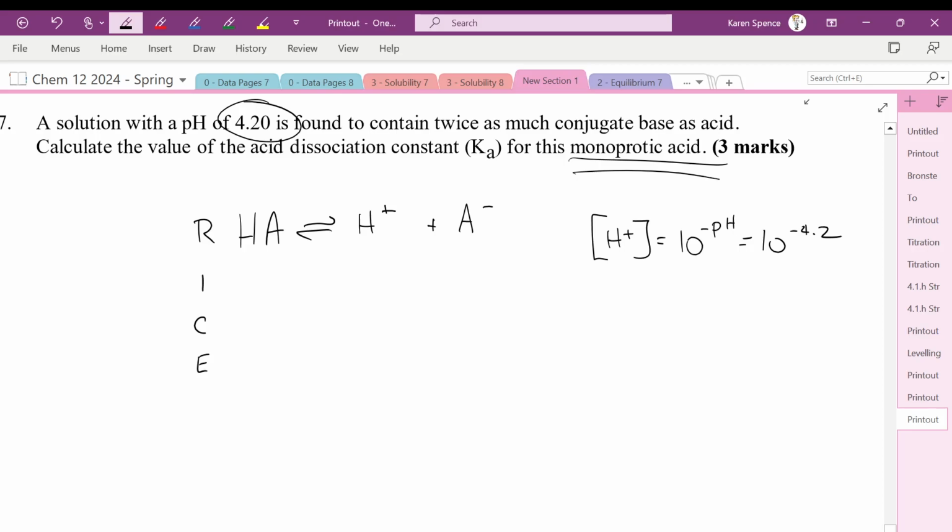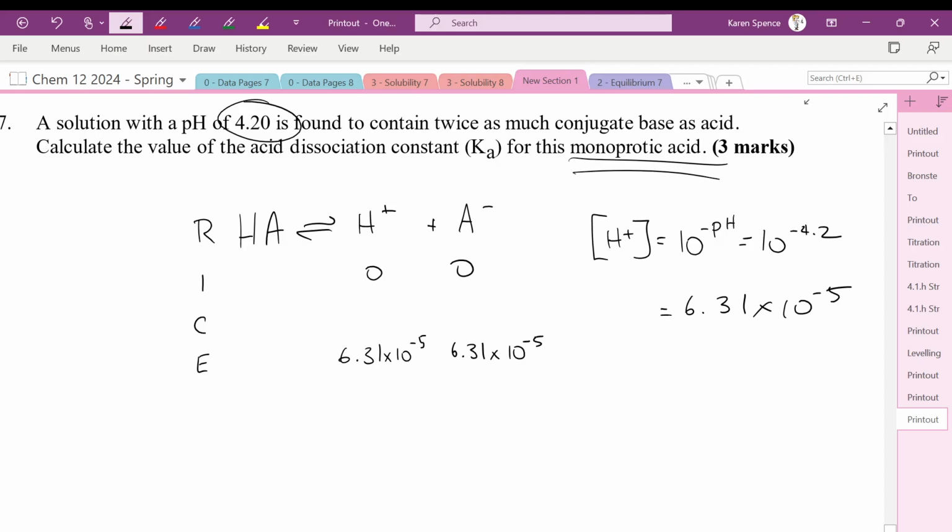So that is 6.31 times 10 to the negative 5. So I have 0 and 0 and 6.31 times 10 to the negative 5 and 6.31 times 10 to the negative 5.